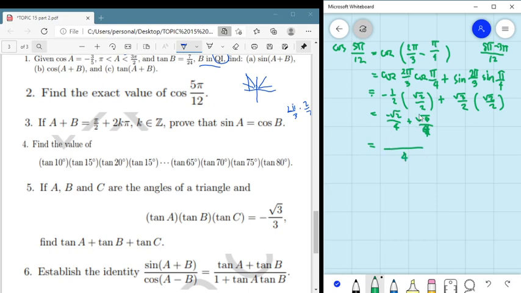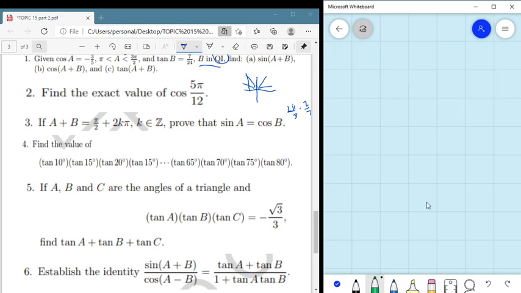Then, interchange the placement so that the positive comes first. So, the value is square root of 6 minus square root of 2 all over 4. So we have number 2 solved. Okay, so that's all for number 2. Thank you. Let's proceed to number 3.